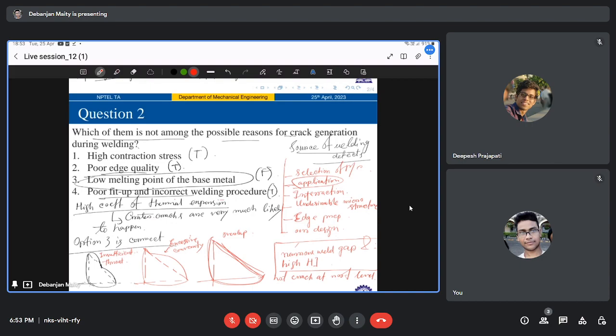Now, if you look at a proper butt weld, on both these sides you'll have this convexity.